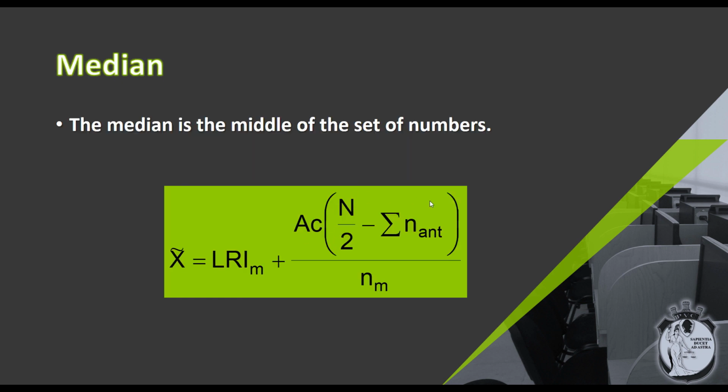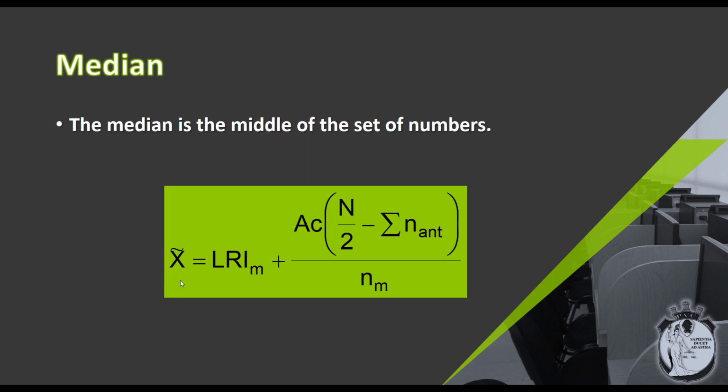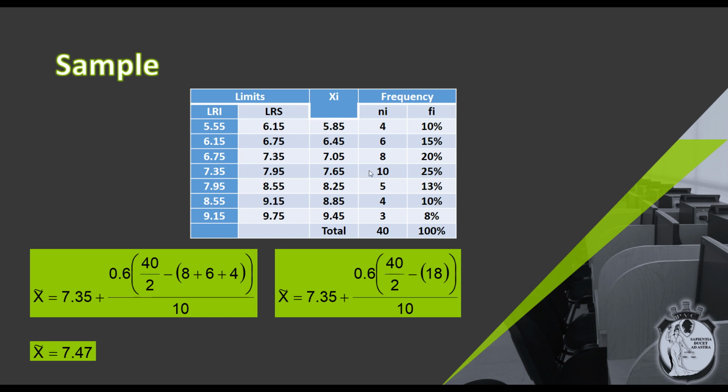Now multiply by the total of data divided by 2. We have 40 divided by 2, less the sum of all the frequencies before that class.